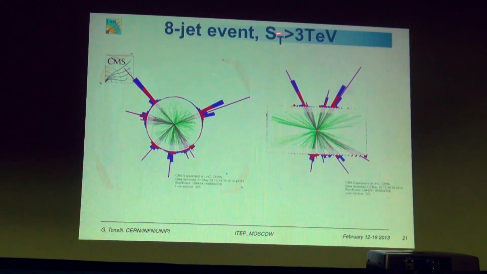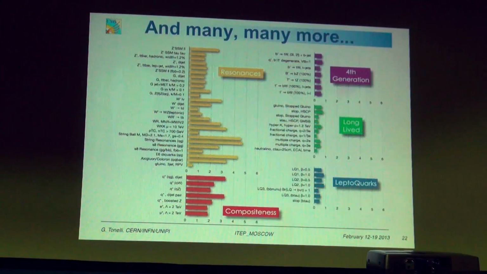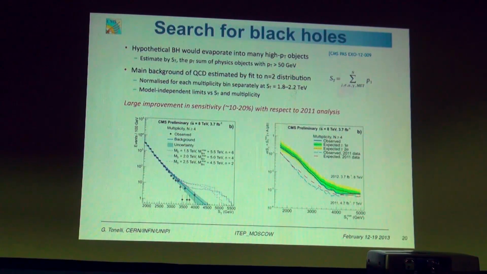So you cut on overall transverse energy at the level of a few TeV, and you have a certain number of objects, being jets or leptons or missing ET. Once you exceed 3 or 4 or 5 or 6, you enter the search region of eventual black holes.